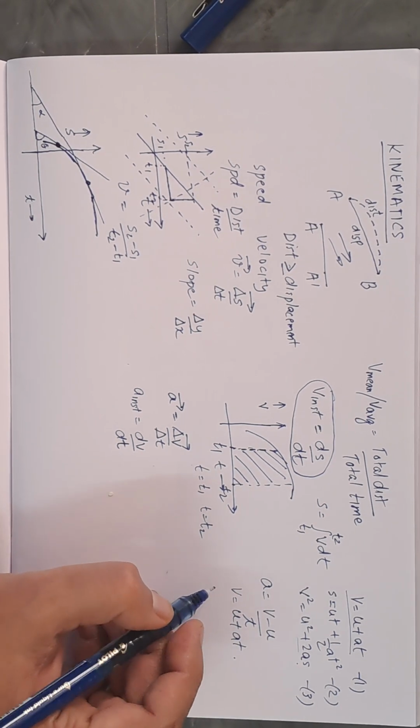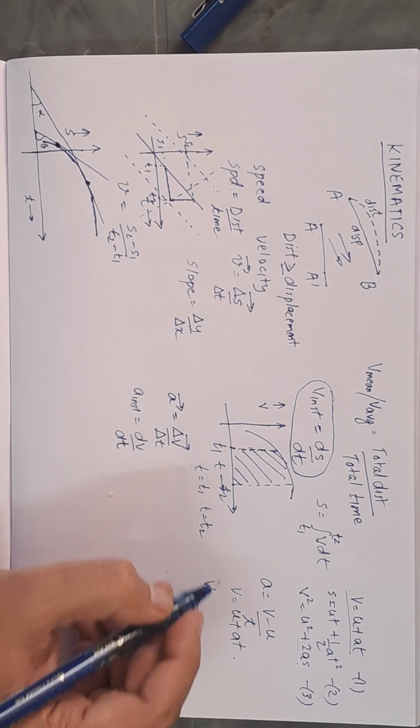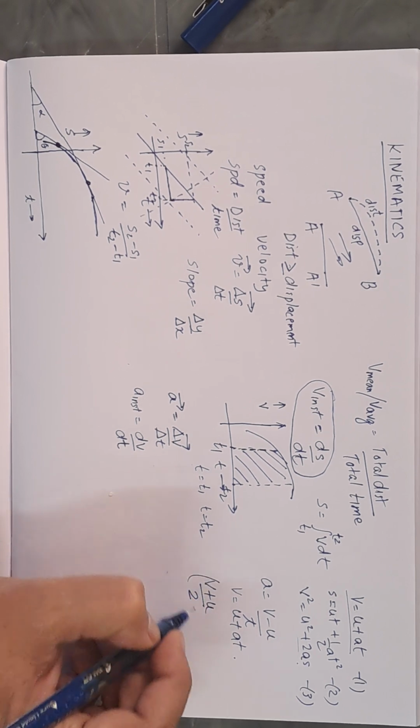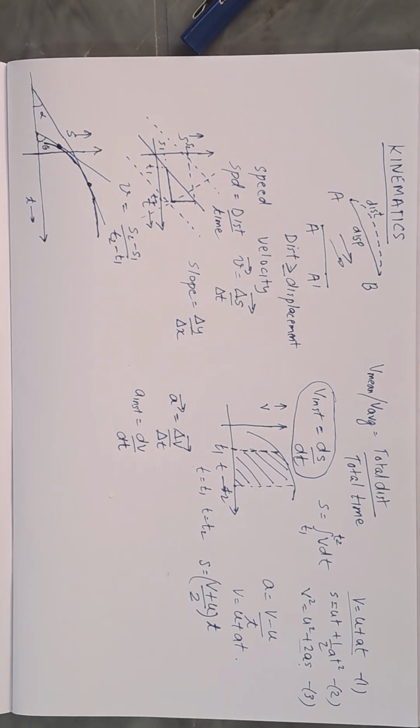There is another term that you can use in that equation if you want: (v plus u) by 2 into time is equal to s.